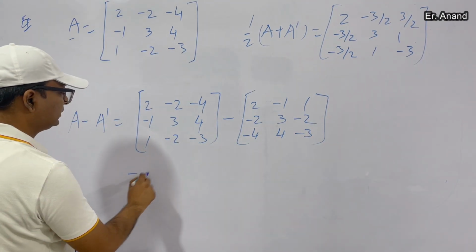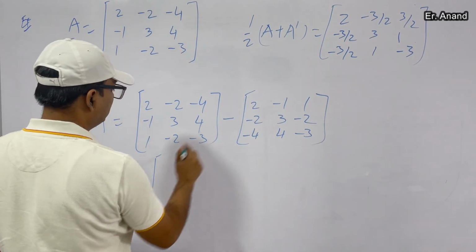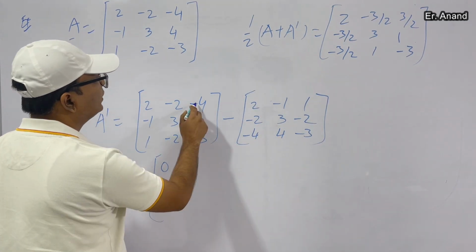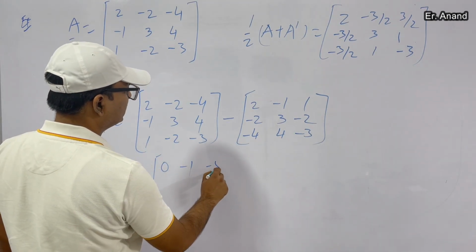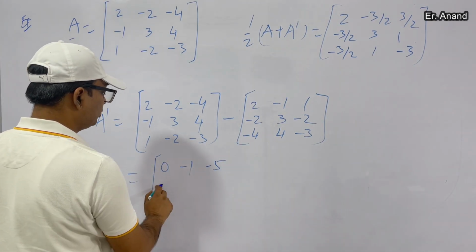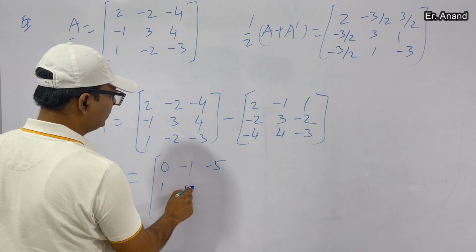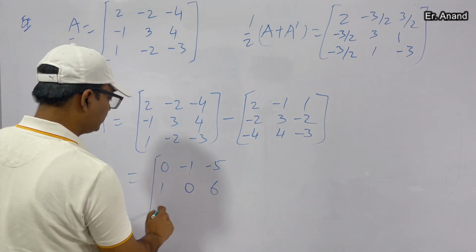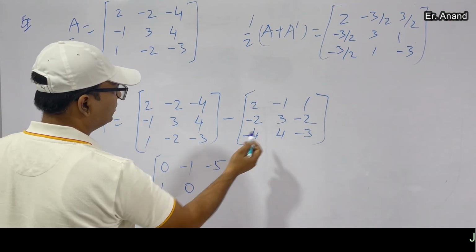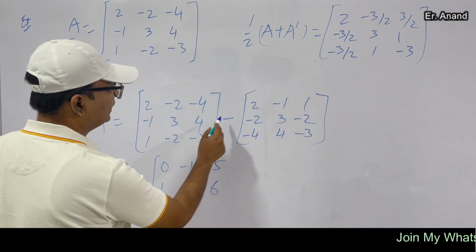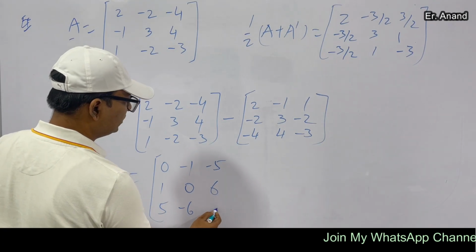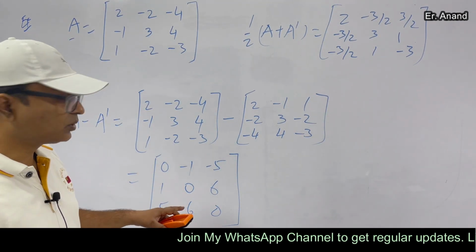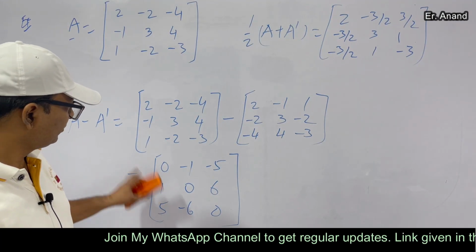So this minus this, 0, this minus this, that is minus 1, minus 4, minus 1, minus 5, minus 1 plus 2, 1, 3 minus 3, 0, 4 minus 2, that is 6, 1 minus 4, 5, minus 2 minus 4, minus 6, minus 3 plus 3, 0. Obviously, the diagonal elements must be 0 because this is a skew-symmetric matrix. So this is our A minus A dash.